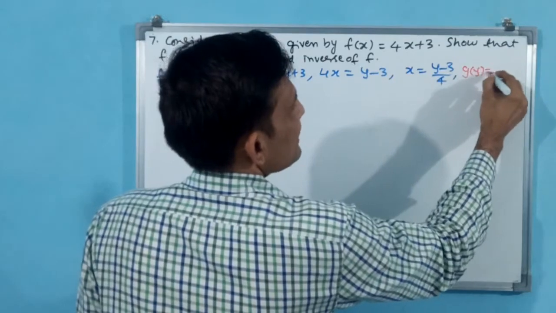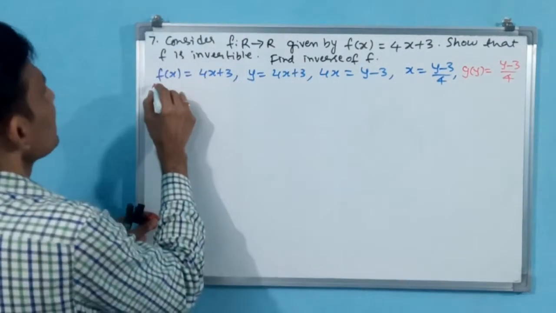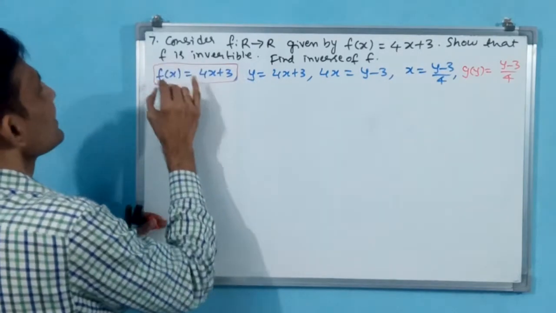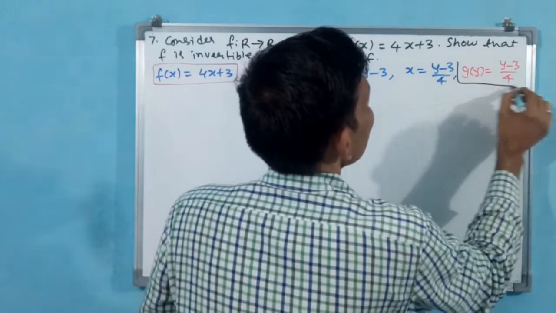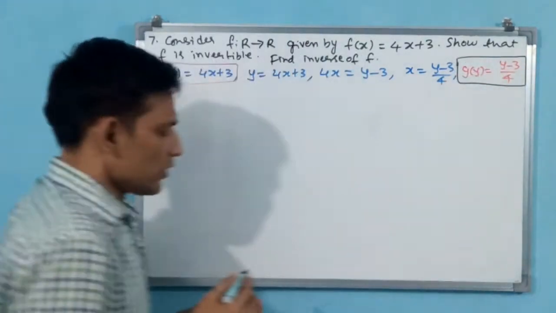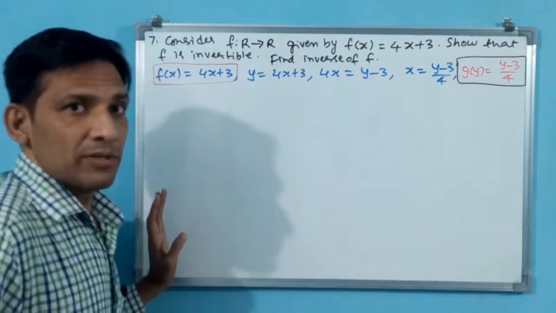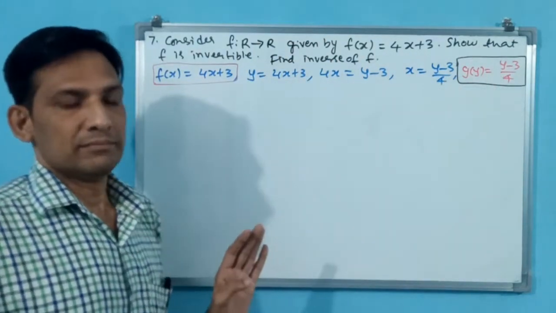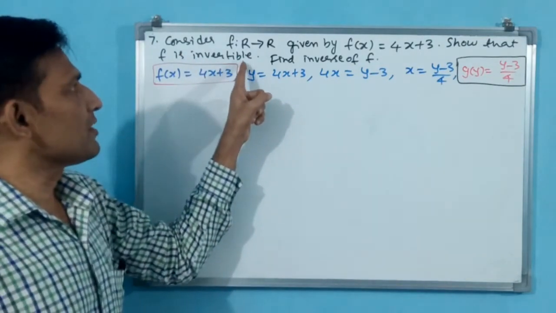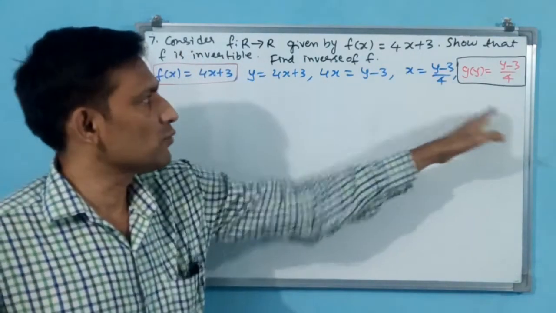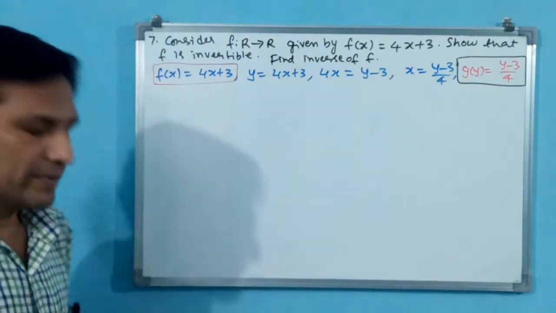G of y is equal to y minus 3 by 4. I am keeping this in one box, this in one box. G of y is equal to y minus 3 by 4. See, if this is invertible, the inverse is this one. Whether invertible or not, we will see. He asked first to write invertible, but before invertible, we have found these two. Why? Because FOG, GOF we want to find, so these two are required.